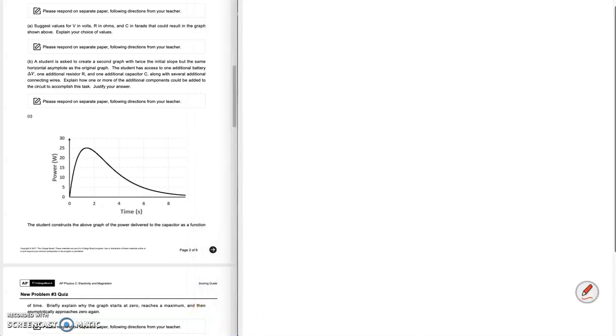So for part C, power being delivered to a capacitor, I would use P equals IV because we don't care about the resistor. What we care about is the capacitor. And the equation for a capacitor is, for I, I naught e to the minus t over RC.